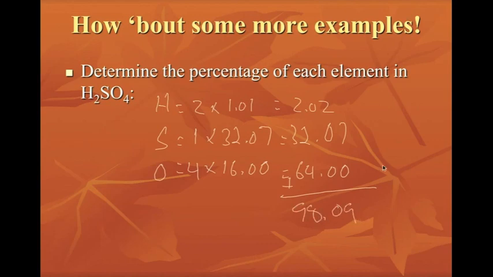Then all we have to do to figure out what we have is we divide the parts by the whole. So we're going to divide by 98.09 on each of them. And then multiply that number by 100.